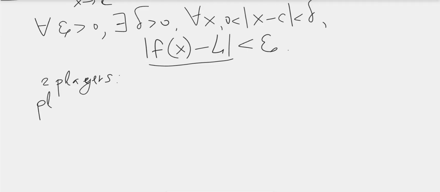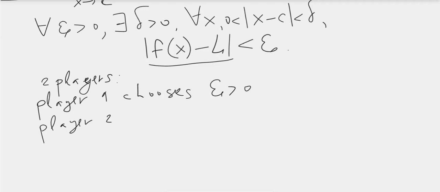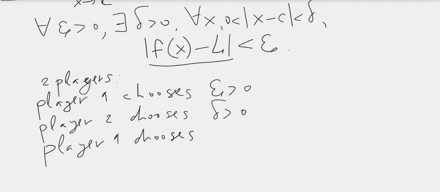Player 1 first chooses epsilon greater than 0, then player 2 chooses delta greater than 0, then it's the turn of player 1 again, so player 1 chooses x such that the absolute value of x minus c is between 0 and delta.